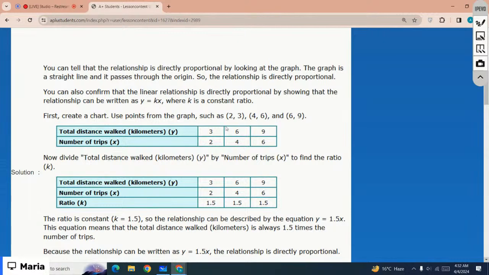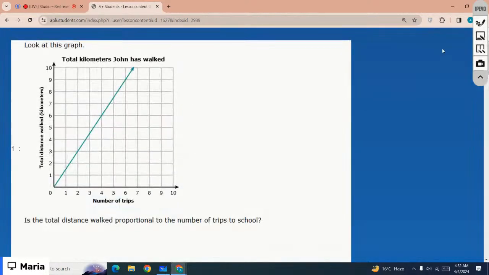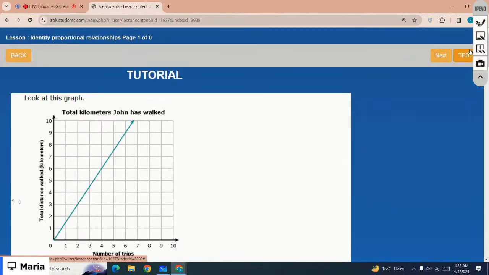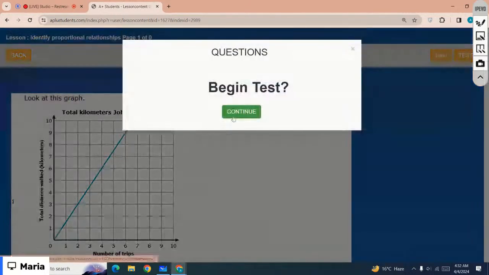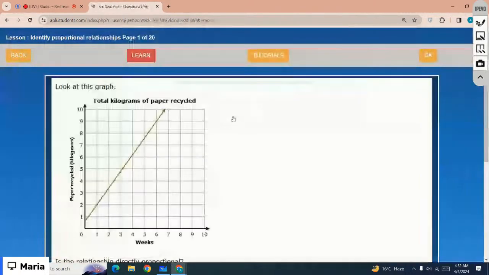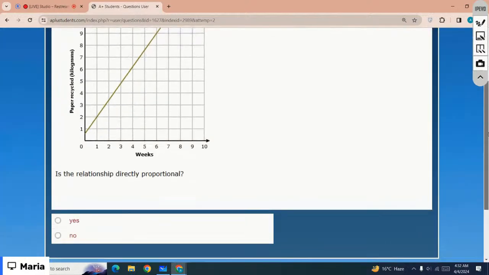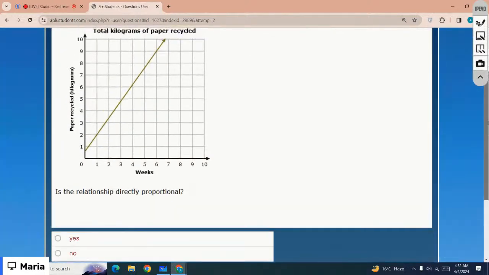Let's just start with the test questions. Look at this graph. Is the relationship directly proportional? Yes or no? Which is the correct option? No, the graph is not directly proportional.